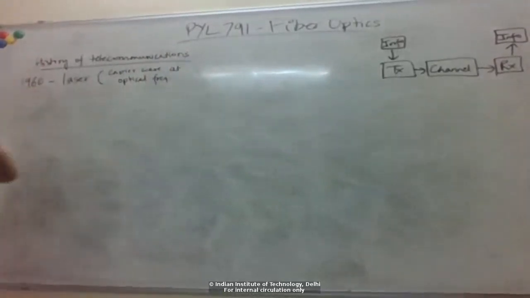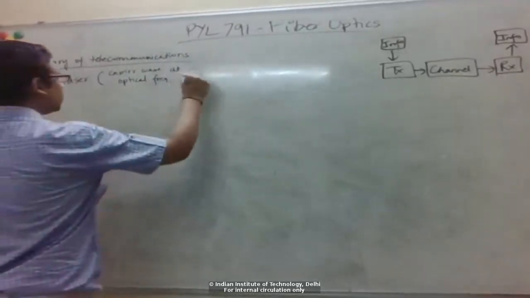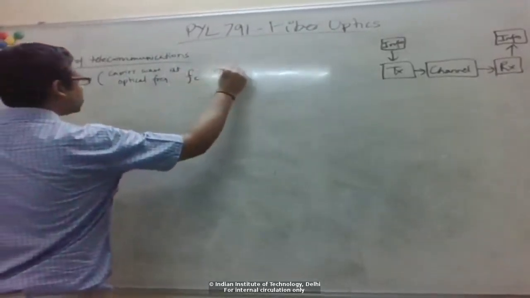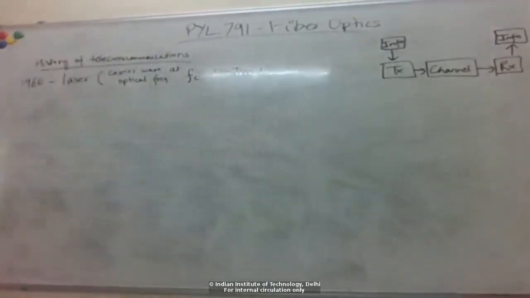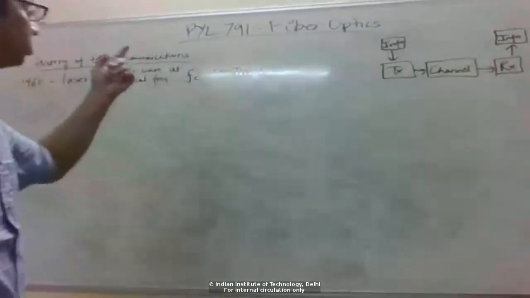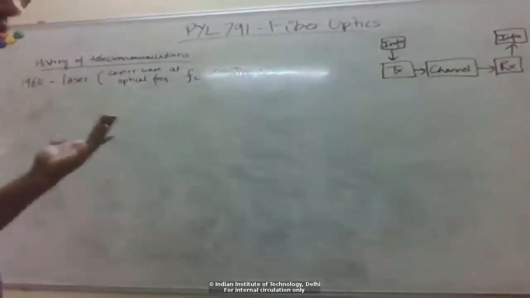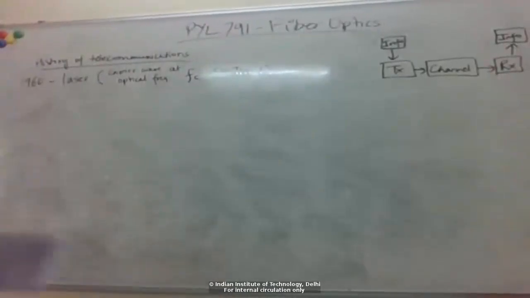The first laser that was invented was the ruby laser. It was at red wavelength around 680 nanometers or something. So the frequency here is about 500 terahertz. So suddenly there was a way of producing carrier waves which were 4 or 5 orders of magnitude higher in frequency than what people had achieved.